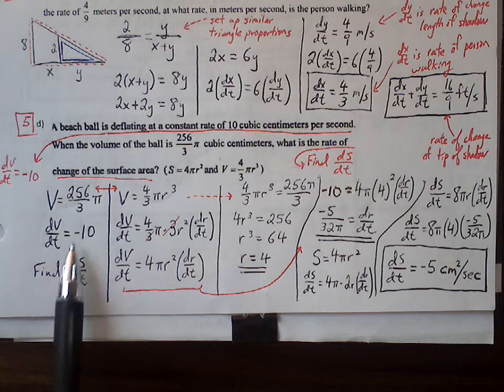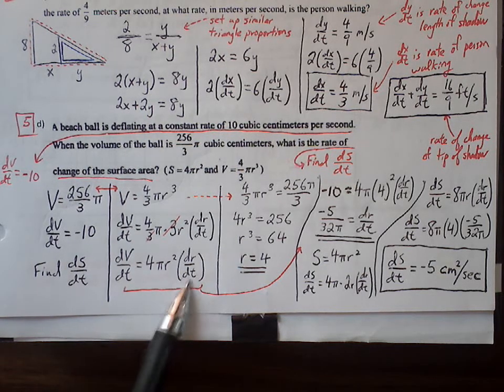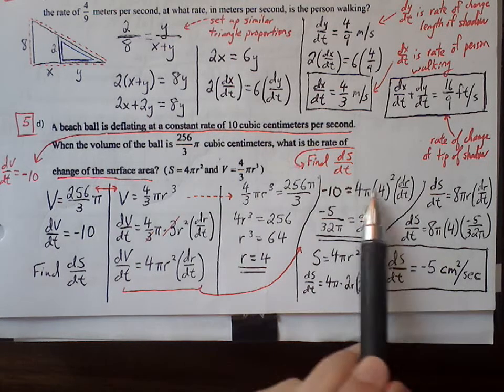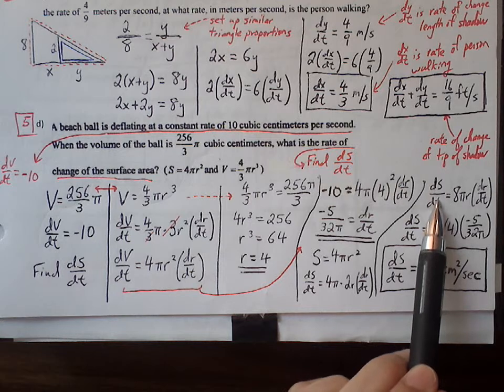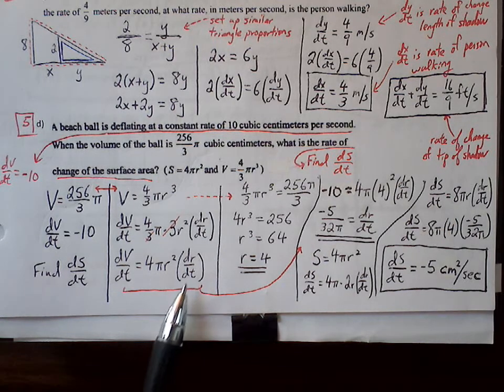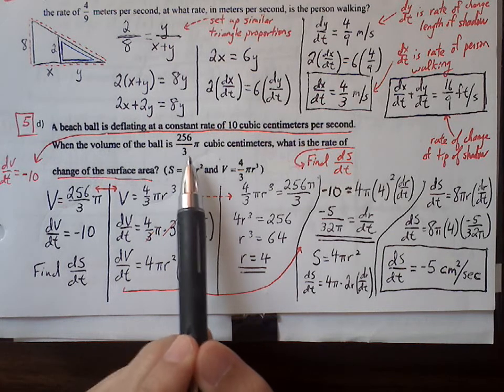So we have dV/dt that we can plug in, but we're trying to find dr/dt so that we can use that to help us find dS/dt, because dS/dt is the derivative of the surface area, and we need to gather some more information. So we're going to use this 256/3 π to help us out.